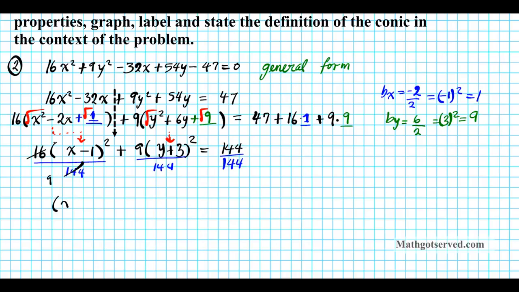So we have x minus 1 quantity squared over 9 plus, and then 9 goes into itself once, 9 goes into 144 16 times. So for the y world, we have y plus 3 quantity squared over 16 equals 1. This is excellent because by dividing by 144, we also got rid of the coefficients in front of the parentheses. So now we have the standard form.